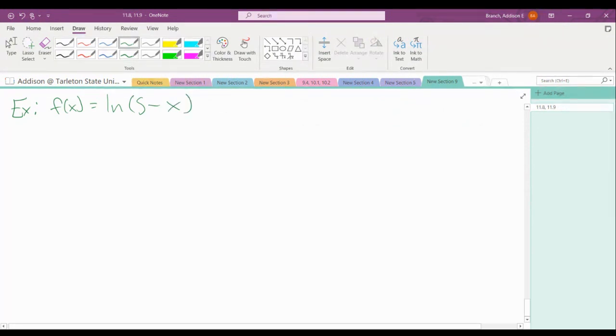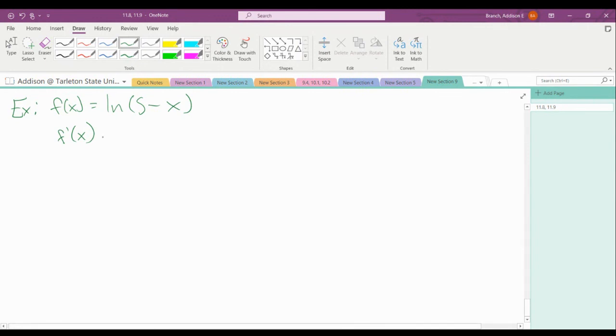All right. So if we want to find a power series representation, there is no possible way that we can do this just as is with our f of x. But we do know that if we differentiate this function, f prime of x, the derivative of the natural log function, of course, is du over u.